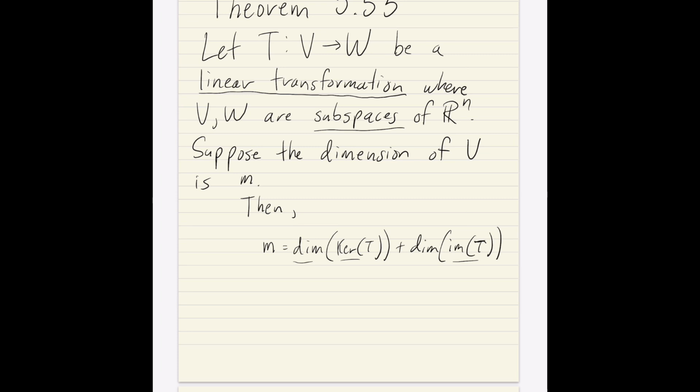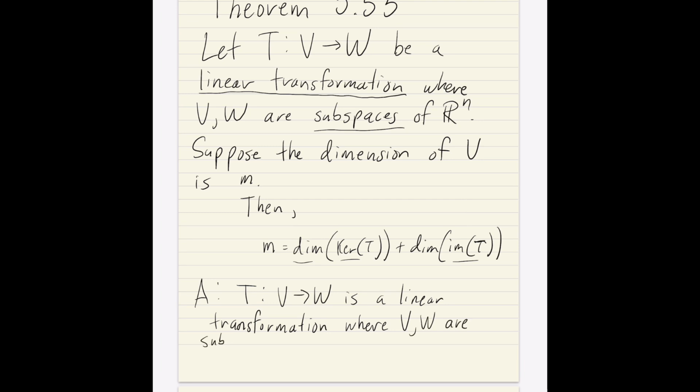So let's decide what we are proving. What's our if? What's our then? So our if A, our statement A, is that T from V to W is a linear transformation, where V and W are subspaces of Rn.